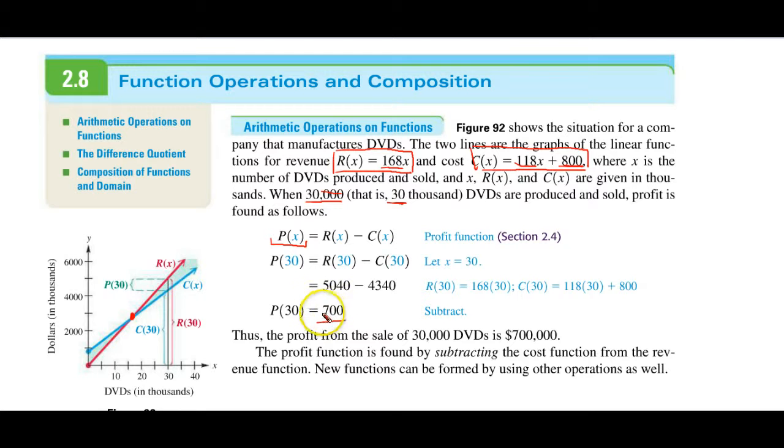So this indicates that the profit from the sale, right in here, of $30,000 gives you $700,000 in profit.